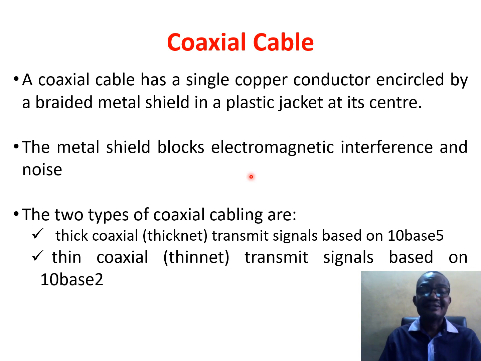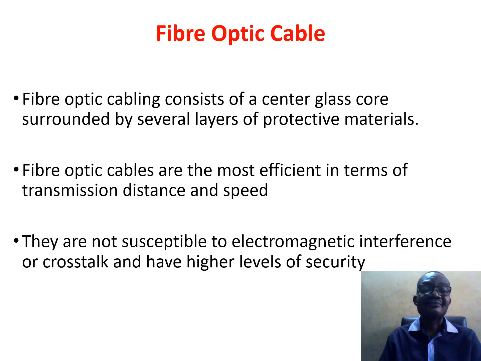For thin coaxial cables, the data transmission is based on 10 megabits per second at a maximum distance of 200 meters.